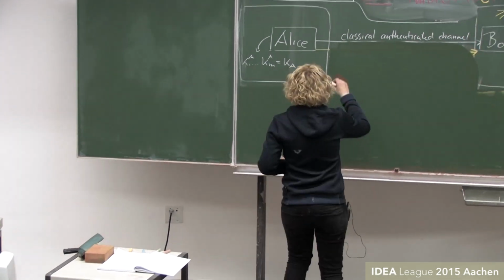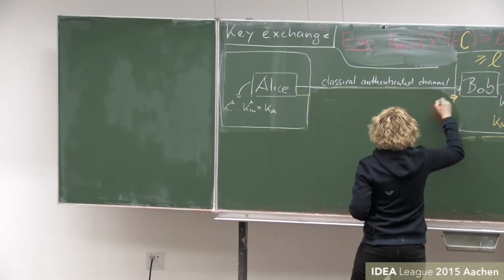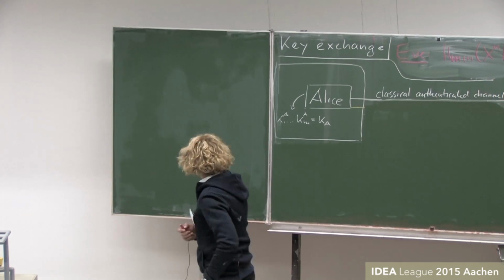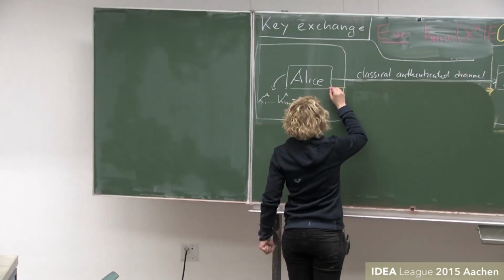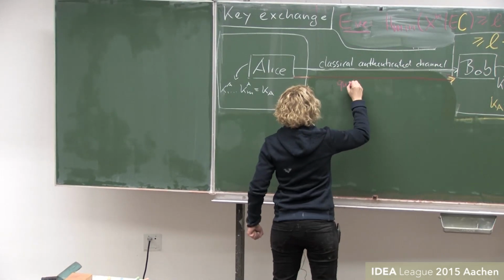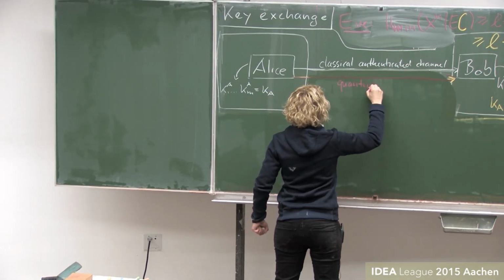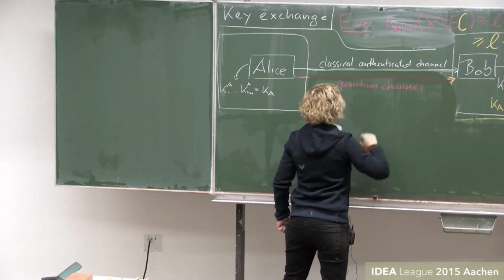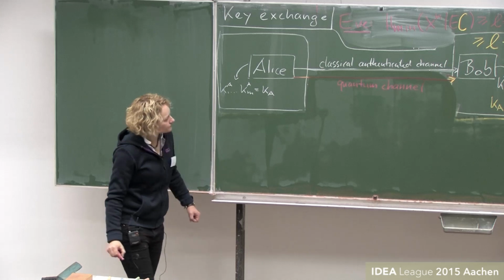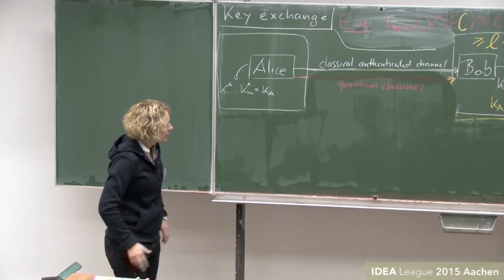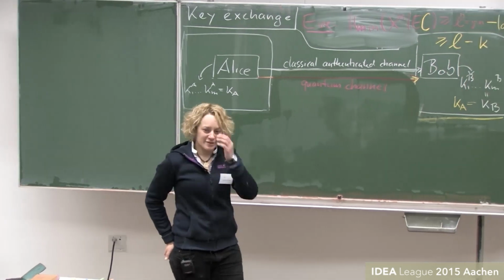Alice and Bob are still connected by a classical authenticated channel. In addition, we're now going to give them a quantum channel. Eve has full access to the quantum channel.